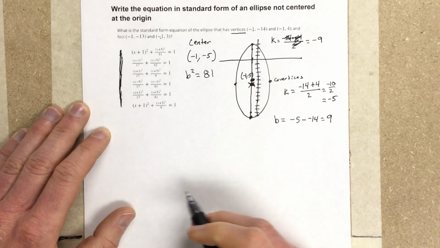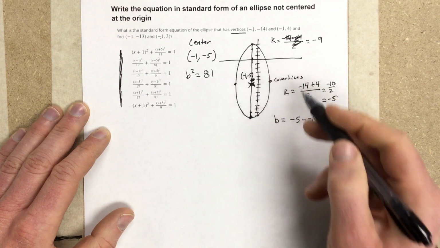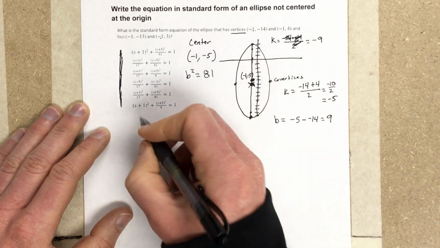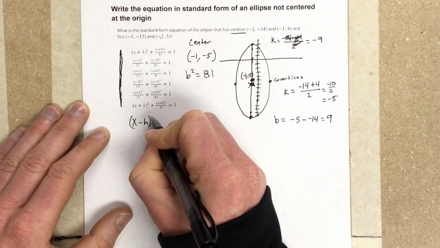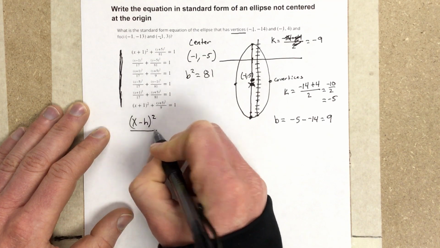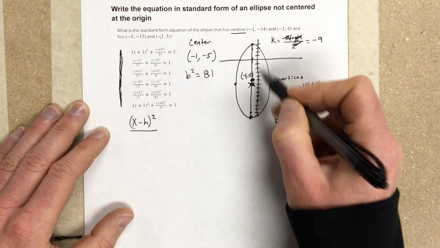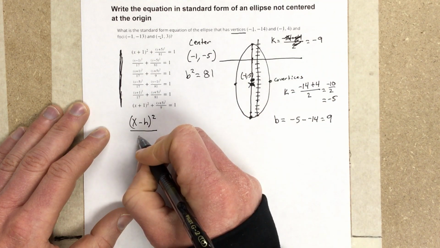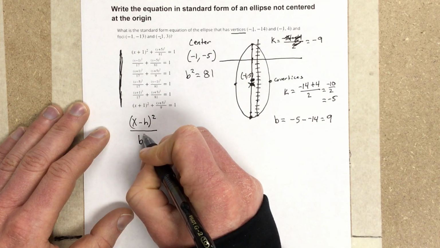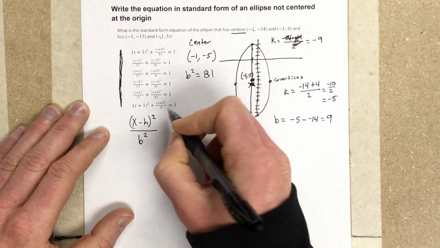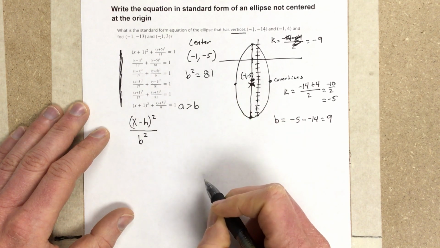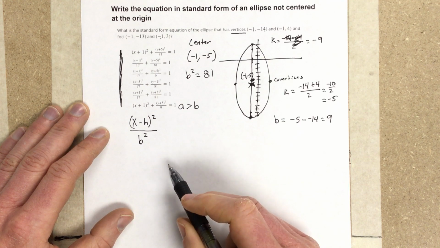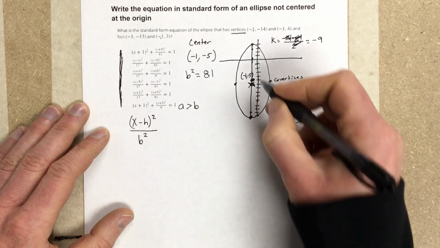So we're starting to see that we have this formula for our equation. It's going to be x minus h squared all over, and because this is vertically oriented, this is going to be b squared. We always want a to be greater than b. Oops, sorry, this is not b.